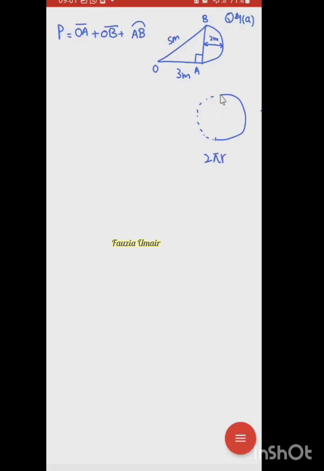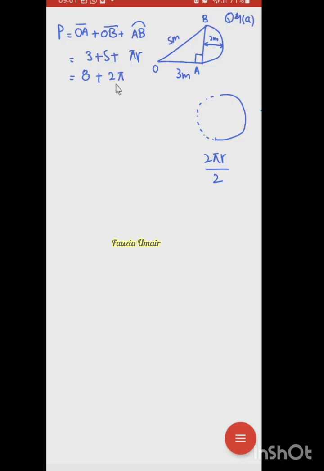Because we are talking about half of this length, we simply divide by 2, so the answer is pi r. So the perimeter is 3 meter plus 5 meter plus pi r, right? r is 2. So 3 plus 5 is 8, plus 2 pi.